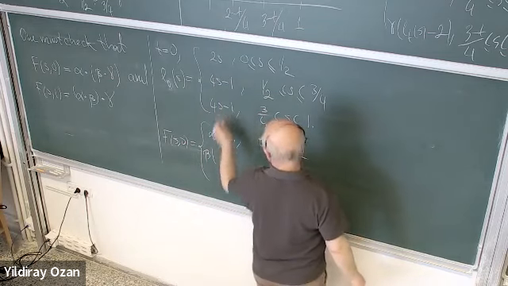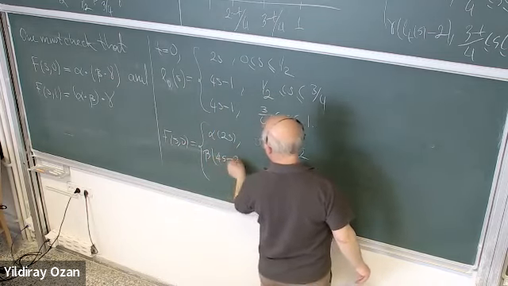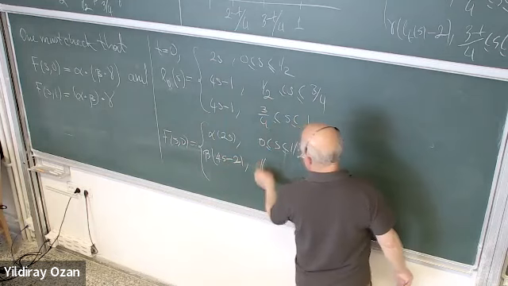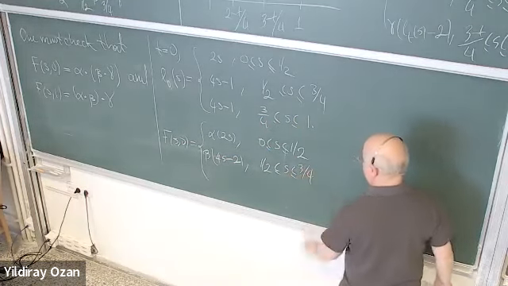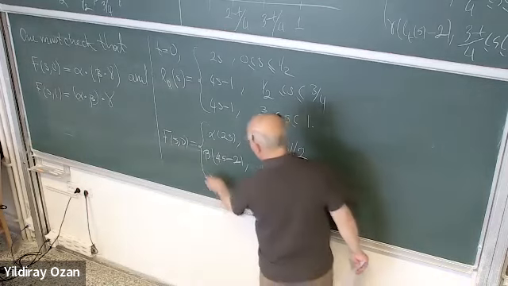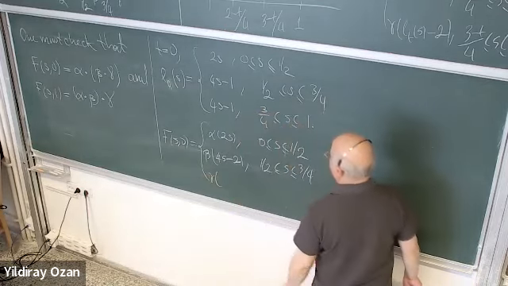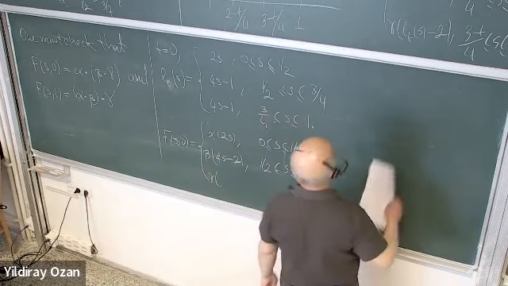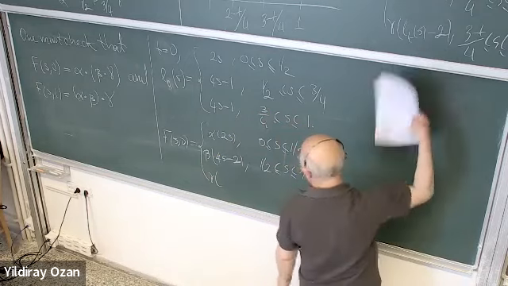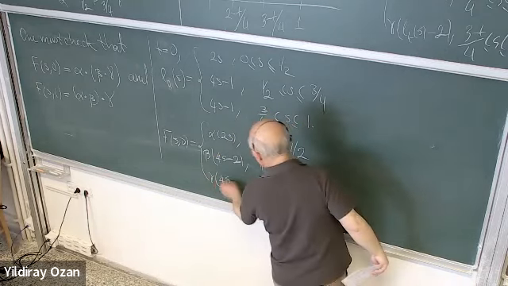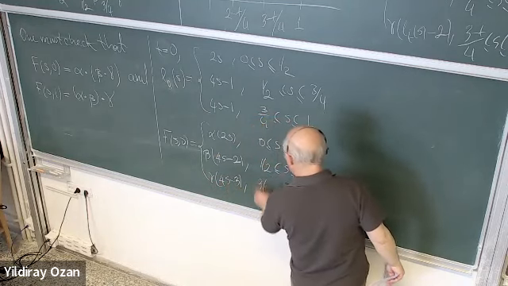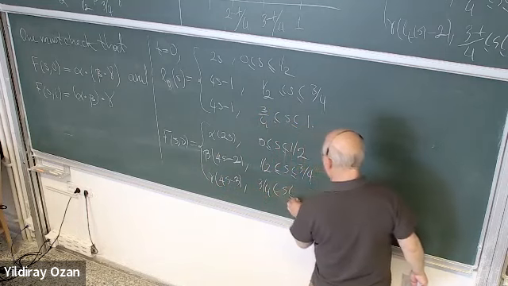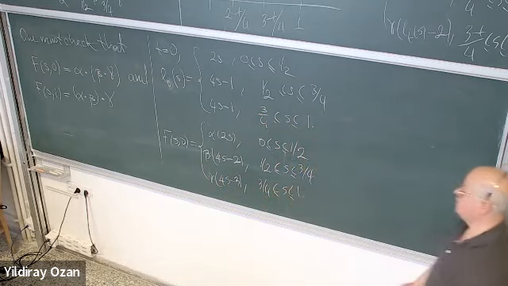I subtract 1 from this, so it is 4s minus 2. And here gamma of 4s minus 1, but we subtract 2, so 4s minus 3. And s is between 3 over 4 and 1.